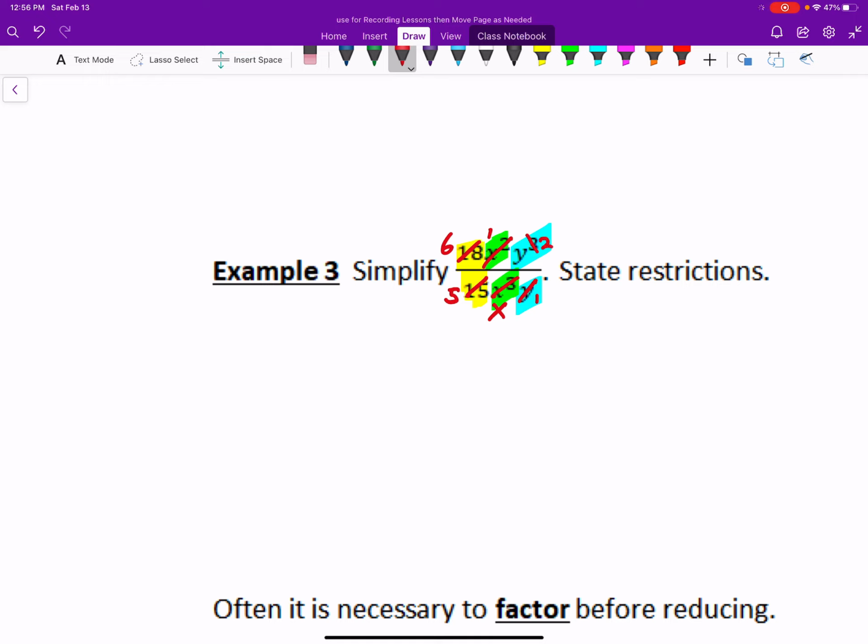Well, I should maybe write it this way, to be consistent, right? This is y to the 2. And what I've got left is 6 times 1 times y to the 2, so it's just 6 times y to the 2 over 5x times 1, which is just 5x.